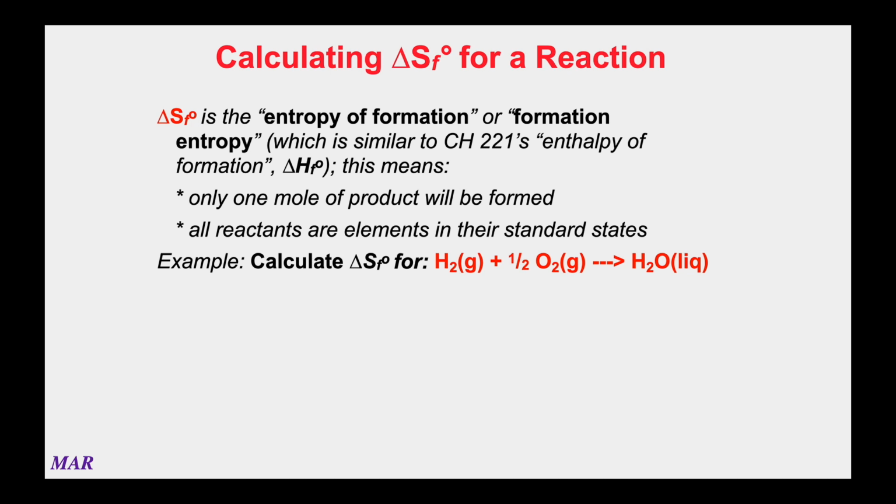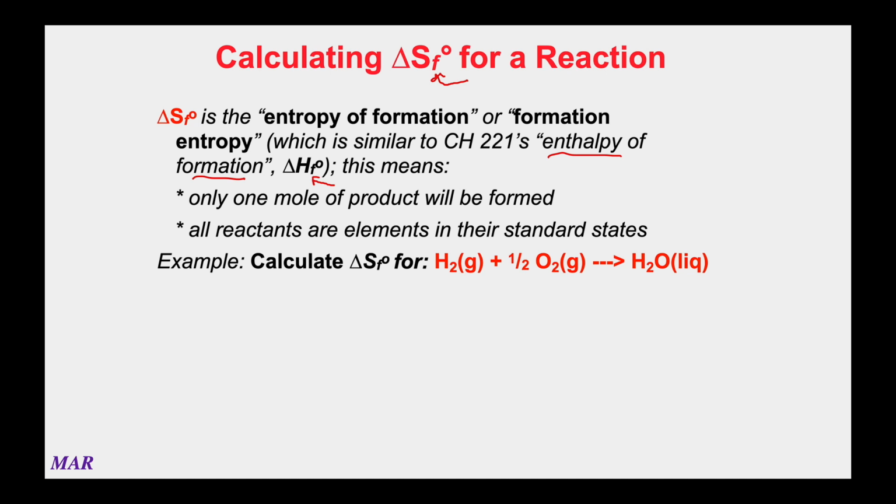Another thing that we need to talk about here real fast before we get into the gist of this chapter is calculating an entropy of formation. And that little f right there is something that's really important for scientists. The table of thermodynamic values, which is at the end of problem set 5, is basically a list of formation values for enthalpy and for entropy. And in Chem 221, we talked about the enthalpy of formation, and that's when it gets a little f right there.